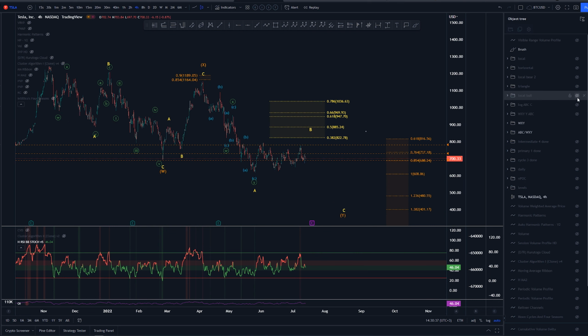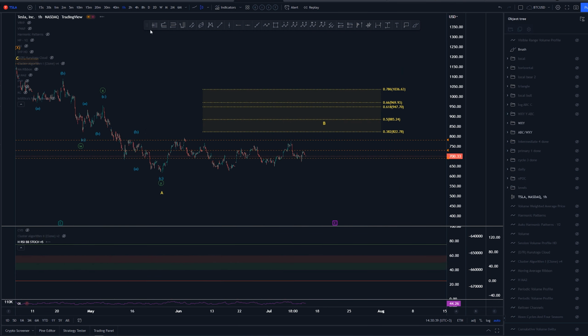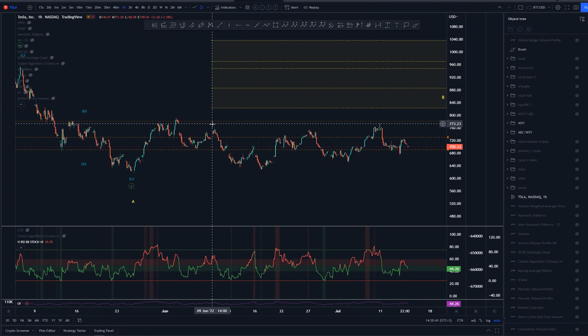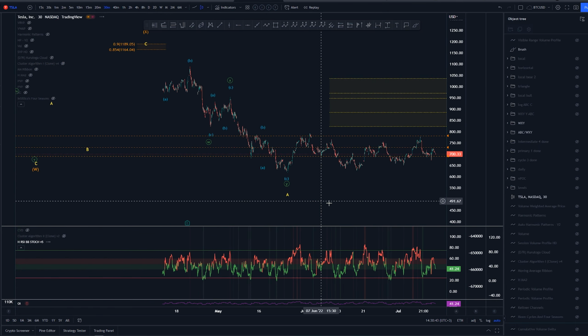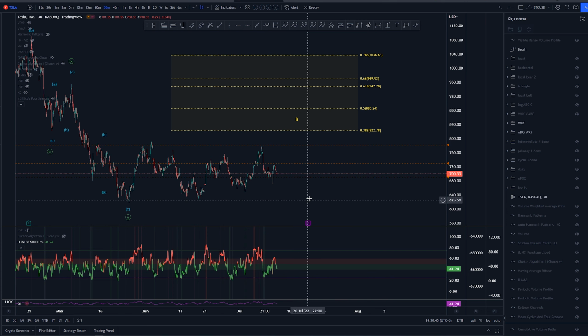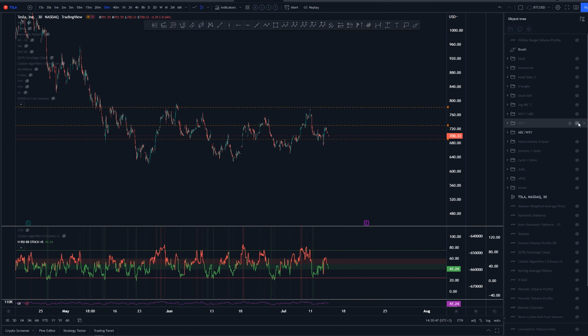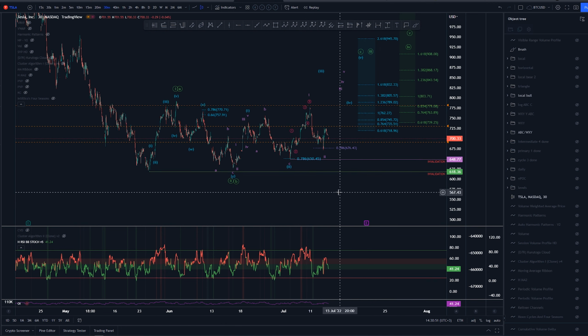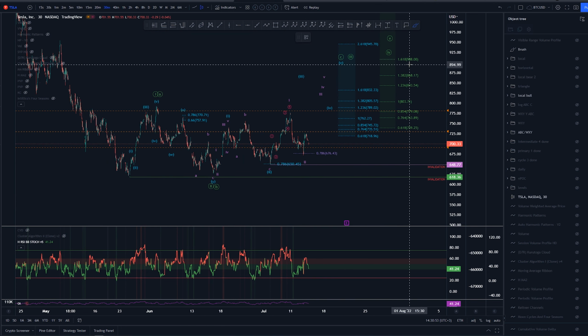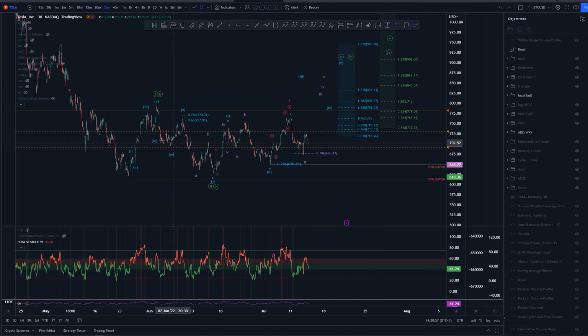As mentioned, those are the higher time frame structures. On this structure over here, the B wave or the wave 4 that we were looking at, let's turn those off and look at this. Most likely, if this is going to be playing out, it is going to be some kind of A, B, and C. However, it is not my favorite at all.